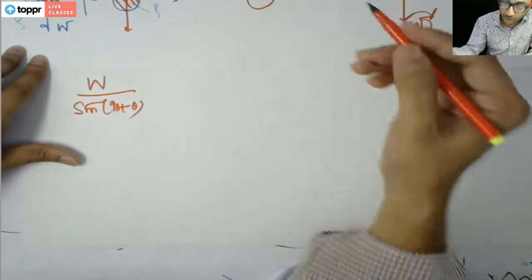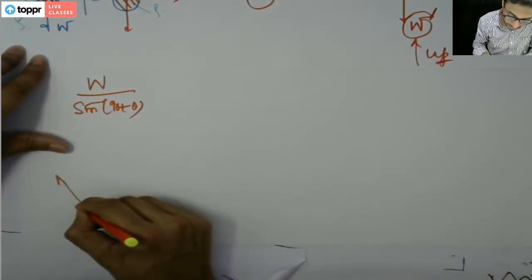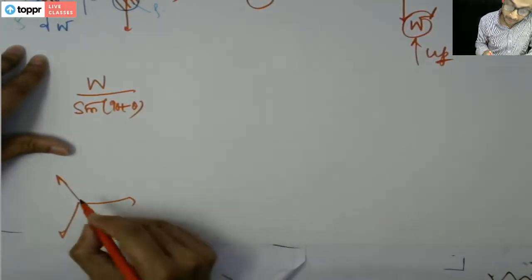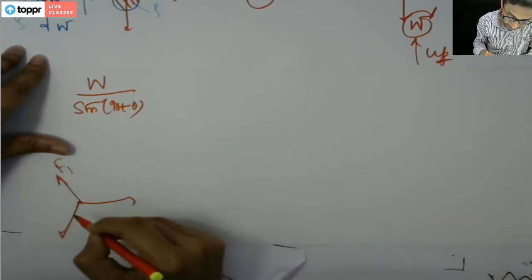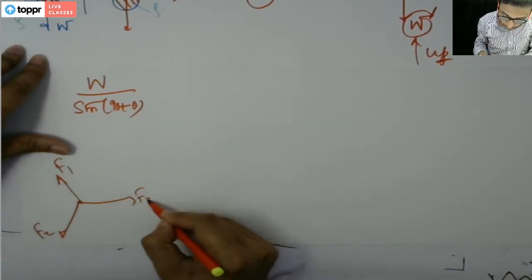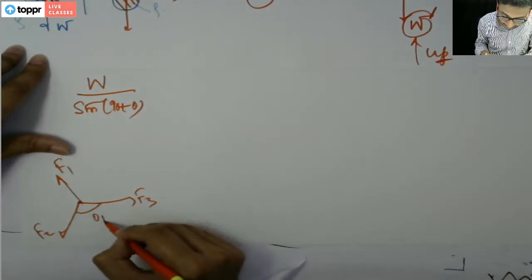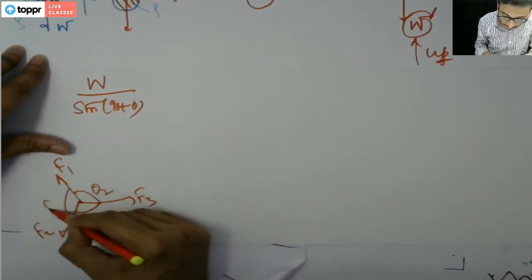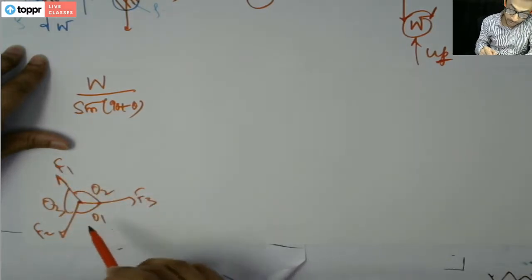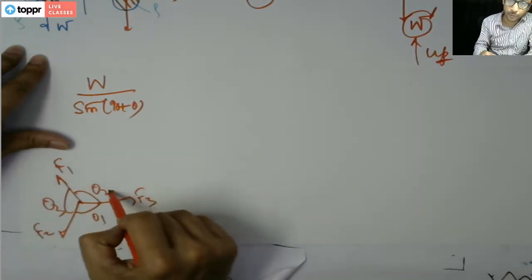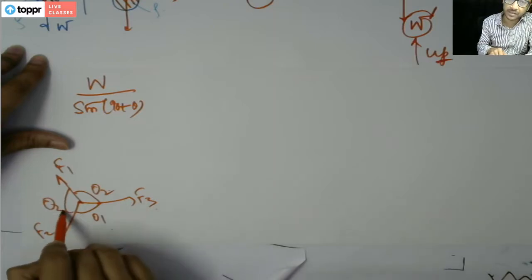Lami's theorem says, when three forces are acting simultaneously at the same point, if F1, F2, F3 and the opposite angles are theta 1, theta 2 and theta 3, then F1 by sine theta 1 equals F2 by sine theta 2 equals F3 by sine theta 3.